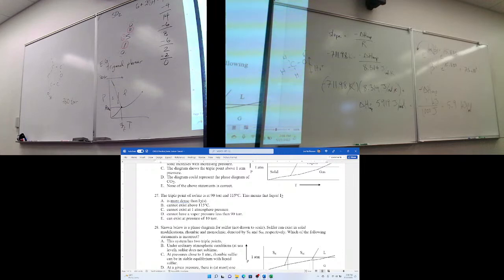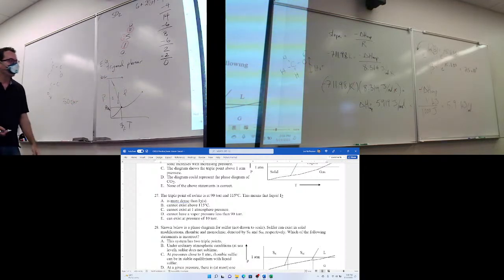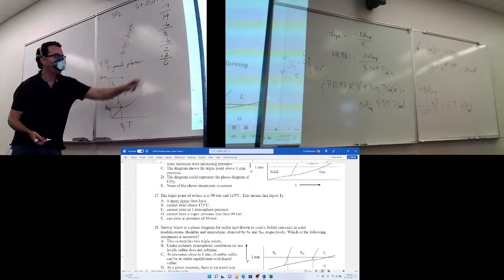Sure. Liquid I2 definitely can exist at the high pressure. It could be anywhere in this region. Ignore where this ends; we don't know where that ends.